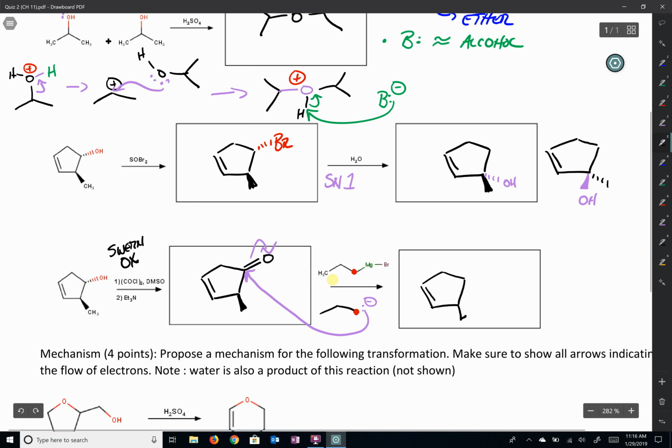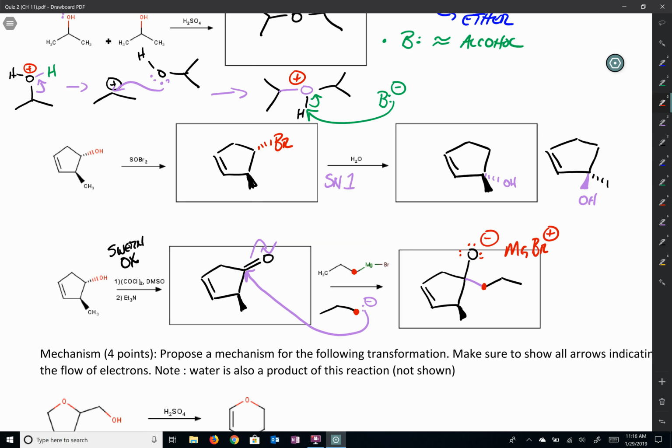All right, so our product here, there's our oxygen. There's that purple bond that we made to our other carbons, and I'll just mark that one in red there. And that magnesium bromide's hanging out with our negative charge there.